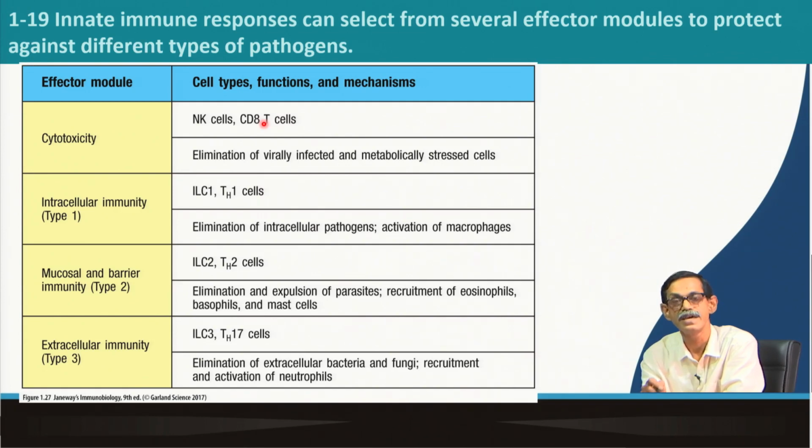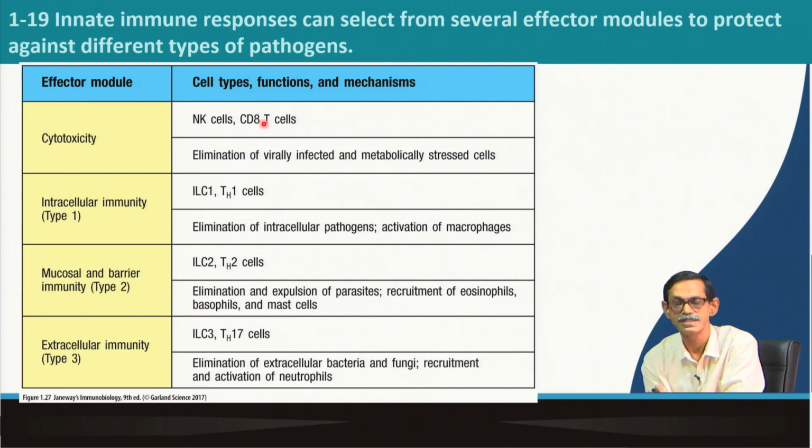Okay. Similarly, helper T cell produces another receptor which is specific to helper cells, CD4. So, many times instead of saying helper T cell, we also say CD4 cells. Same way, cytotoxic T cell we also call CD8 T cells.